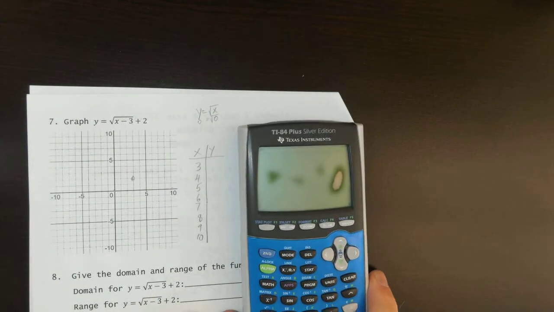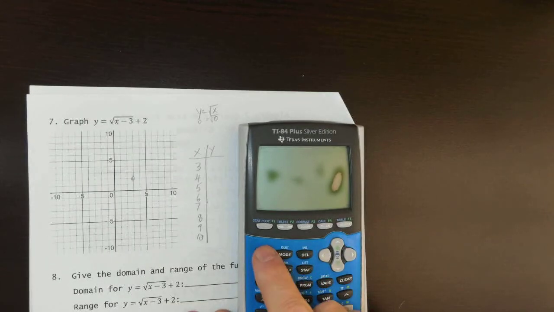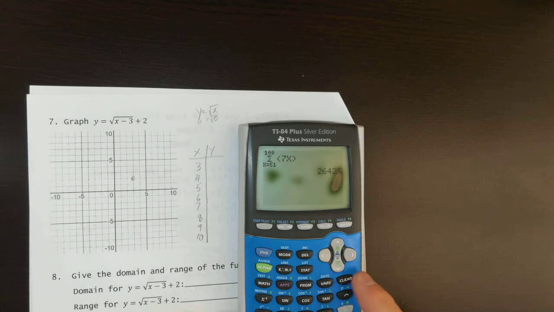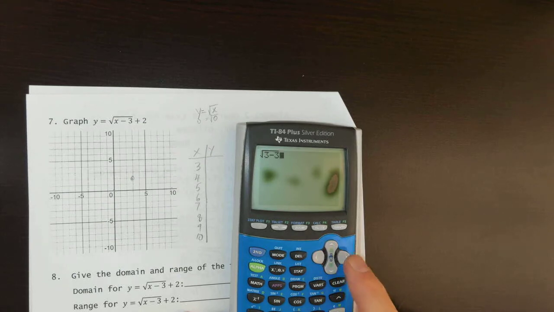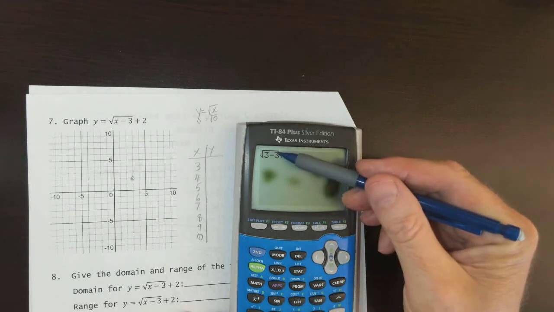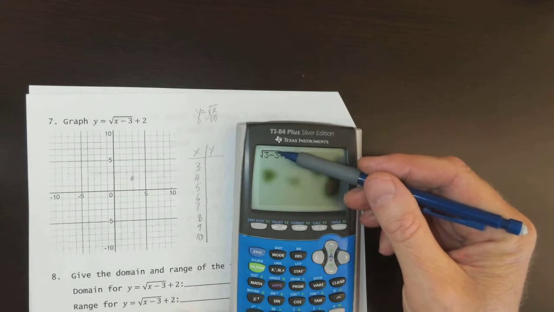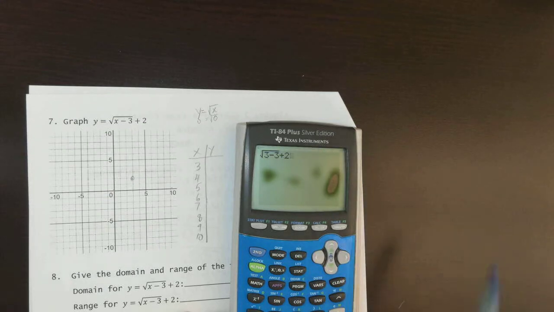Get the calculator out. So I'm going to take the square root of 3 minus 3, move that over, plus 2. When I hit that arrow, it stops the radical.